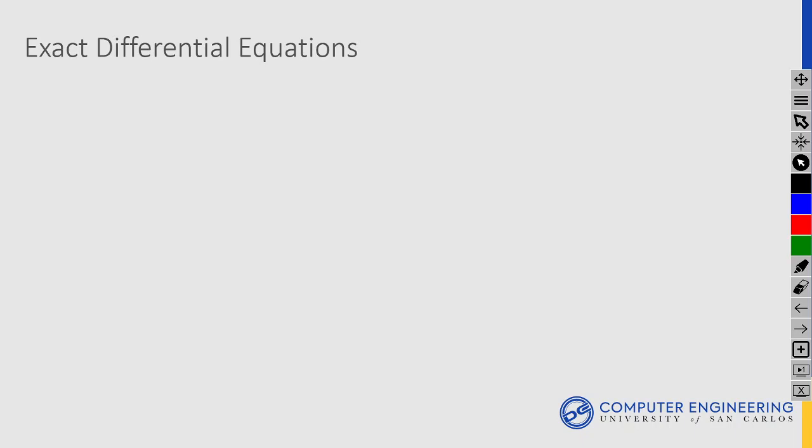So what is exact differential equations? Just like the previous procedure, we started off with our knowledge on variable separable equations. So a first order equation can be of the form a of x dx plus p of y dy equal to 0.